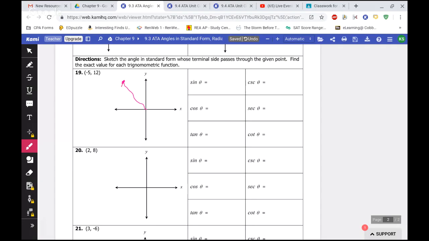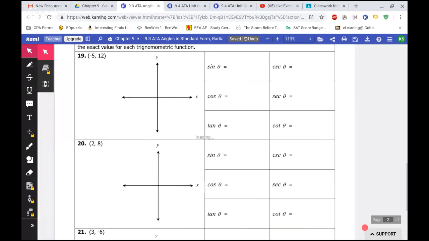Okay, so you kind of draw your angle. Nice straight line. Okay, so this would be 12 and this would be 5. And then your right angle would be here and your reference would be here. So your theta, when they're talking about that, is always this angle right here. That's your theta. I'm so sorry.